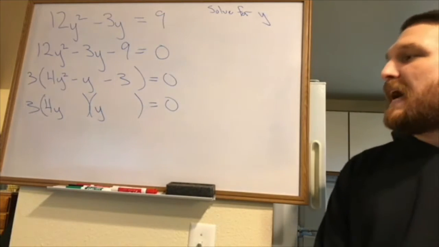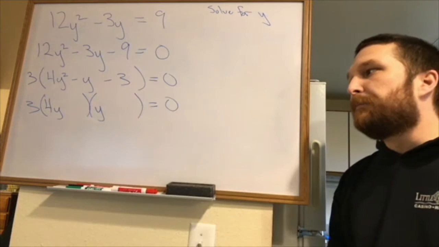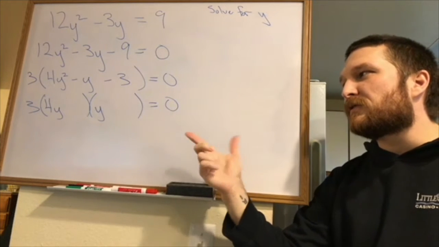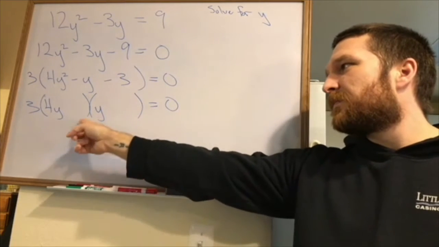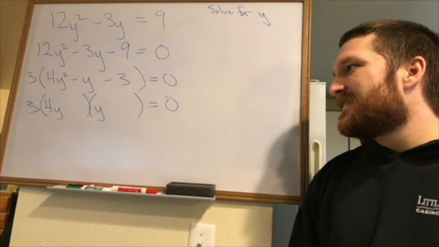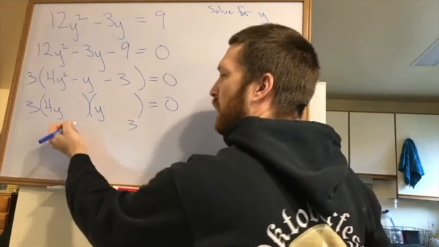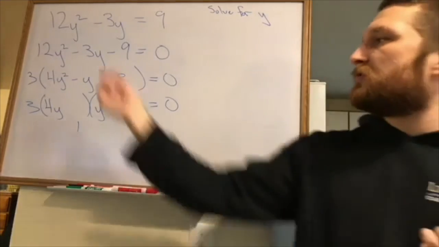Okay, so now we know there's only one way of getting a 3, but which one do you want to try first? Where should I put the 3 in the first place? I guess the second. Okay, so we'll put the 3 in the second one. Let's see what happens. The first is going to give us 4y squared.